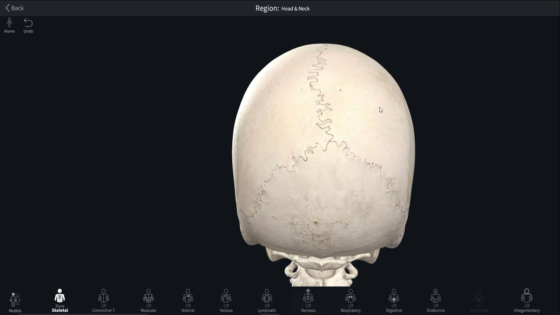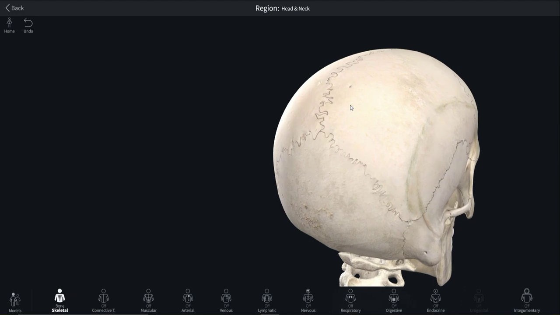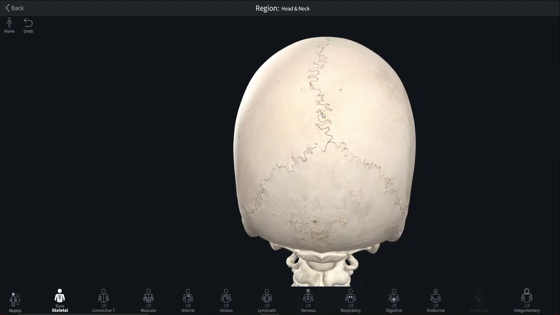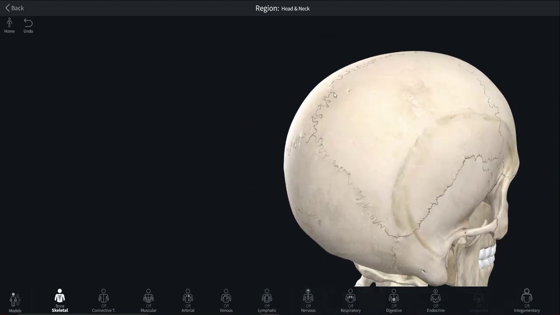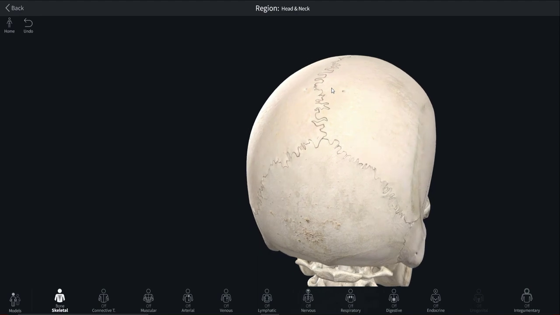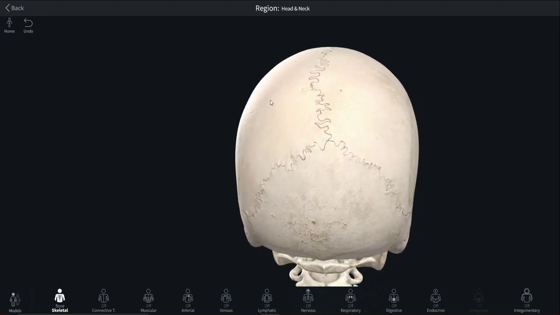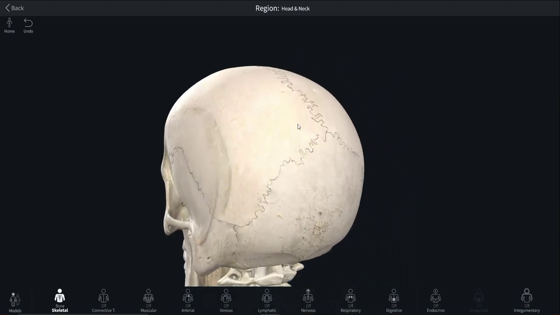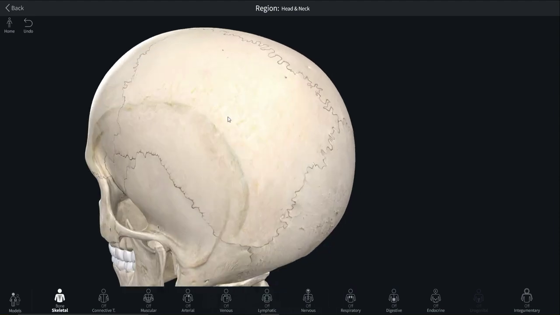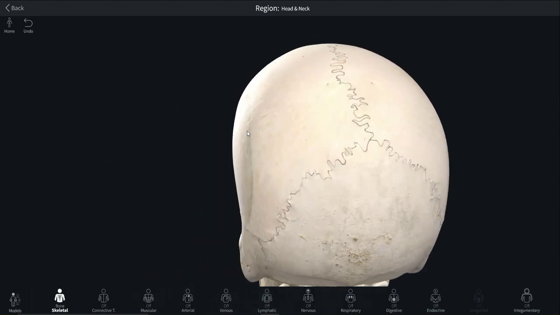What I want to draw your attention towards is the parietal tuber on both the parietal bones. So it is kind of here, right? The parietal tubers on both the parietal bones can be kind of appreciated when we see it from the posterior view, which is somewhat over here.